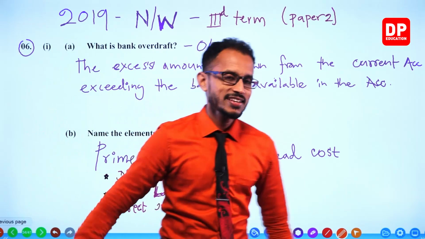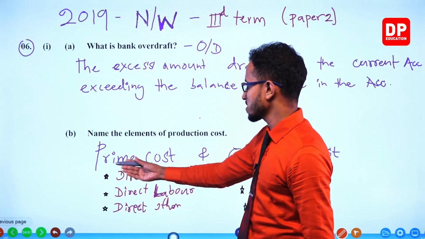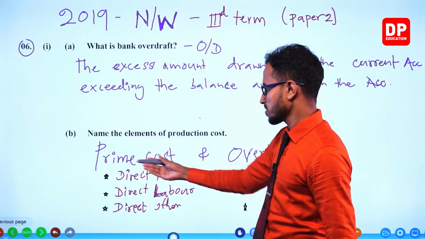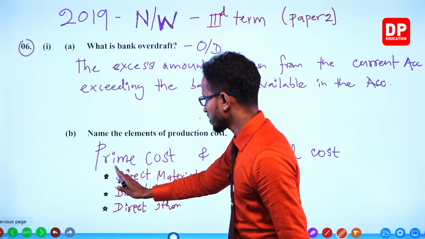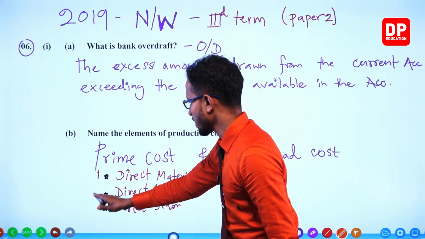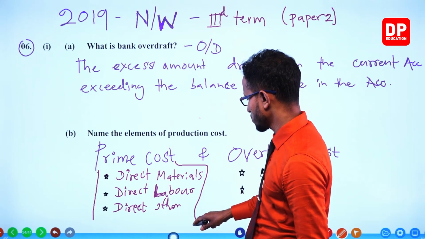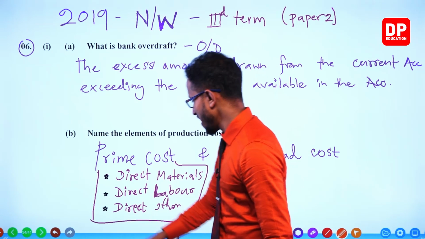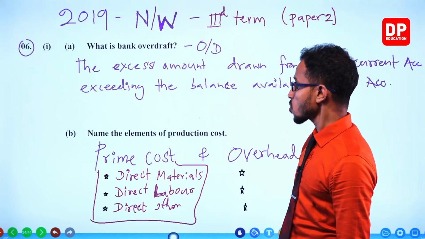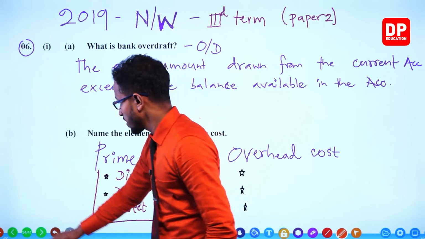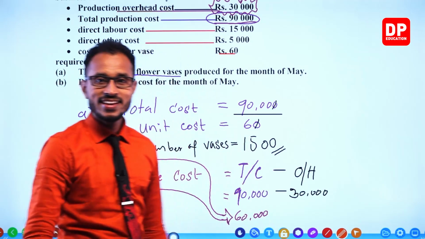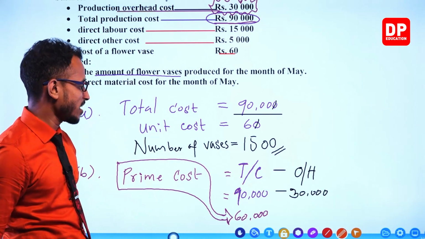See, prime cost consists of all the direct costs. Prime cost is made up of all the direct costs. Then you have the answer, right?